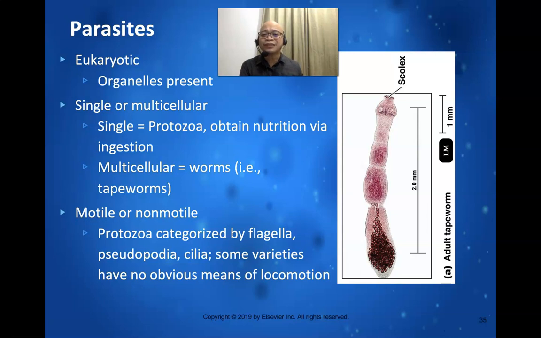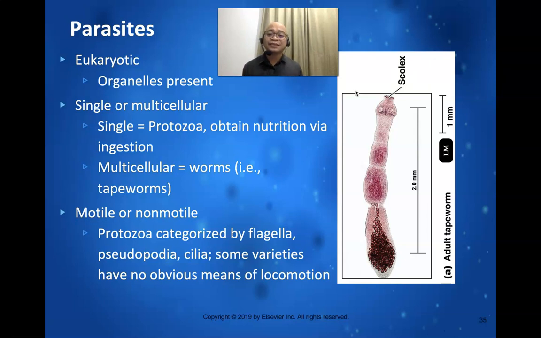Unicellular ones include the protozoa, which obtain nutrients by ingestion. The one you can see here is an example of a tapeworm, a multicellular parasite, not bacteria. These parasites could either be motile or non-motile.